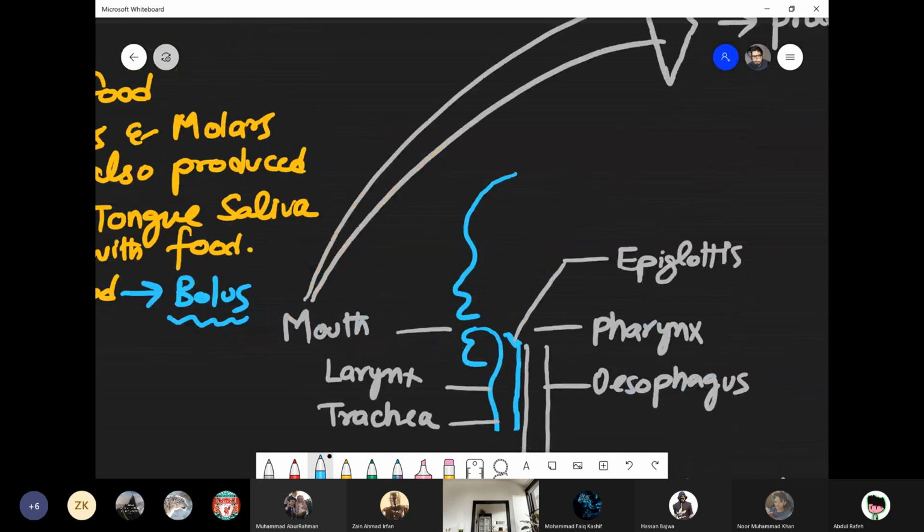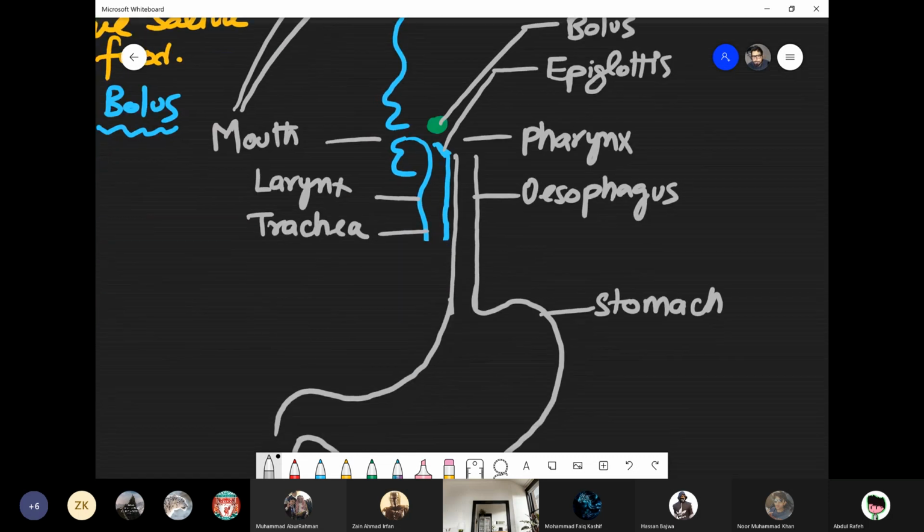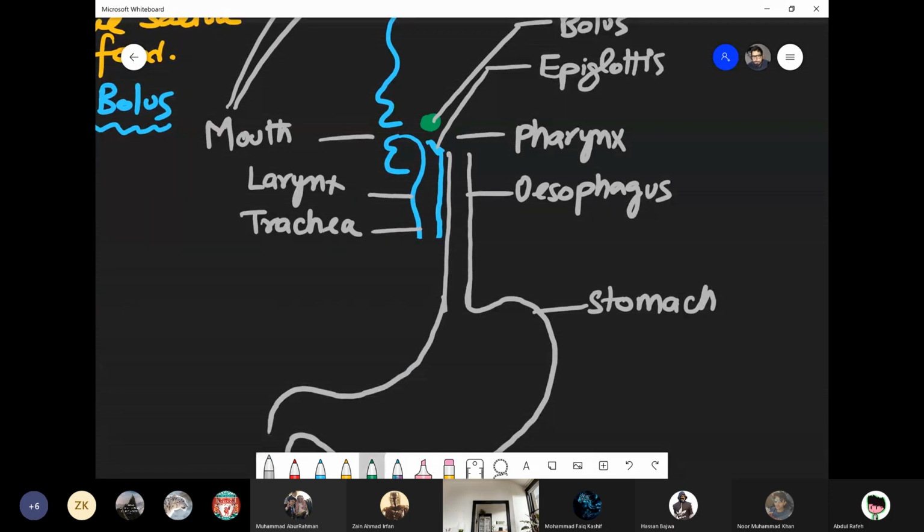Now, boys, let's suppose that this over here is the bolus. Now, this bolus needs to go into the stomach.